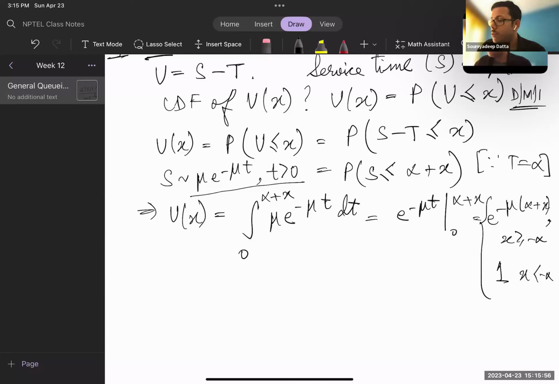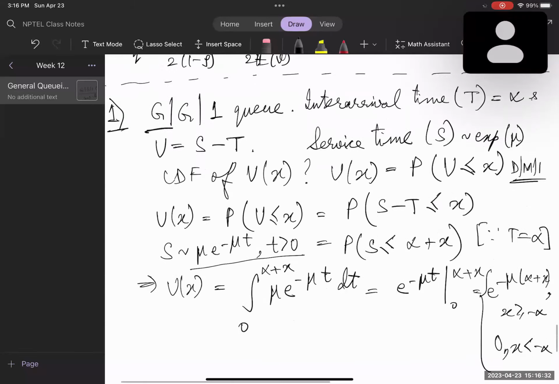Let's actually quickly check that. Sorry, this should be 0, because we cannot have any limit below the integral. So this should be 0 when x is less than minus alpha. So this is the solution. Is this clear for this problem particularly?